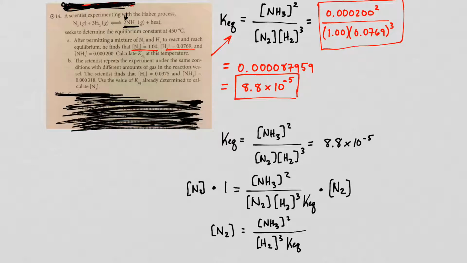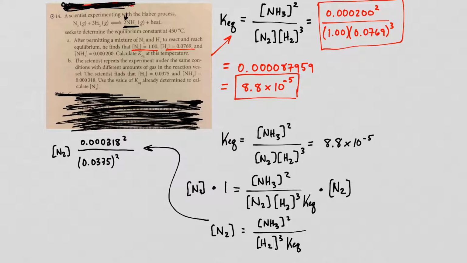Alright, let's put this right over here. So let's do this finally. N2 is equal to, what is NH3 in this situation? It is 0.000318 squared. And divide that by H2 cubed, and H2 we say is 0.0375.